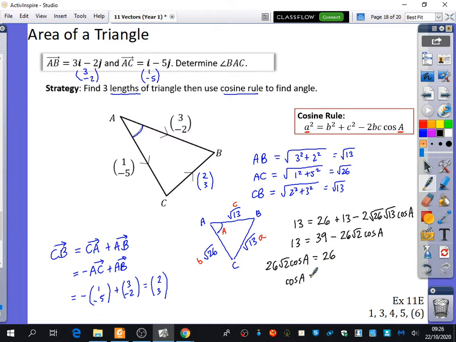So cos A is, what do I need to do to both sides here? Divide it by 26 root 2. And then to find out what A is, I will do the inverse cos of 26 over 26 root 2.